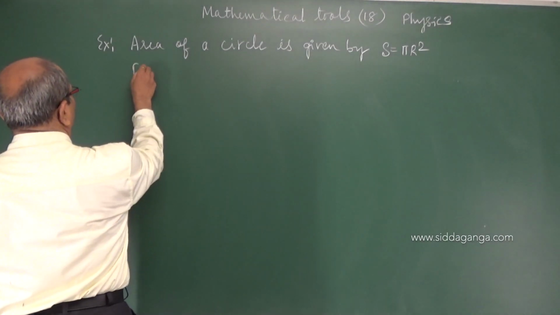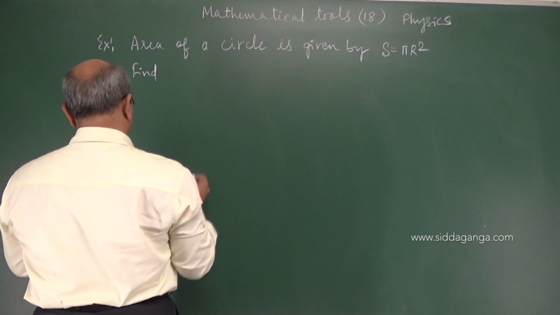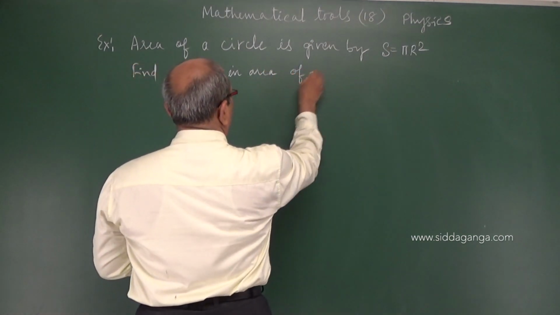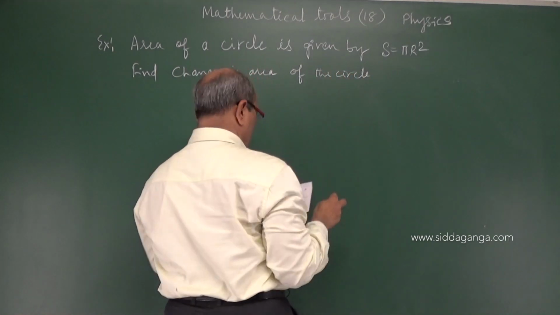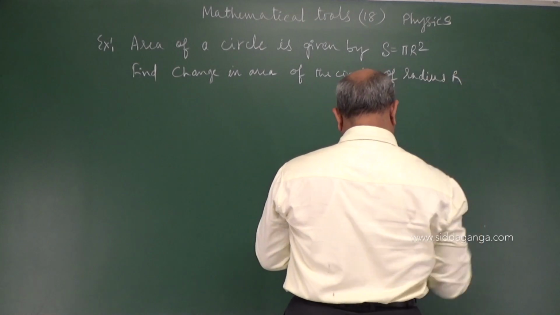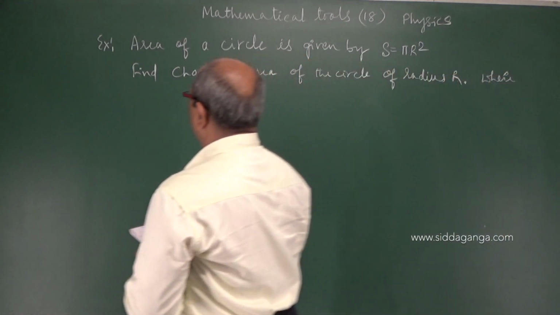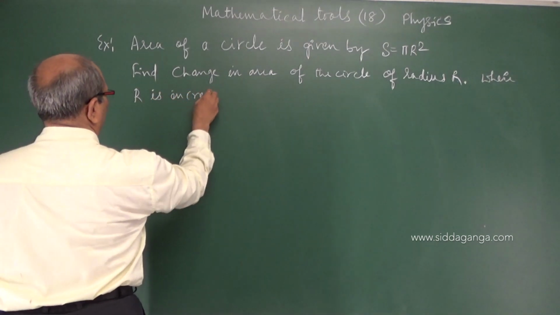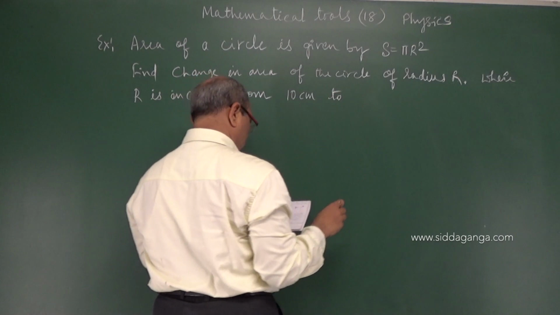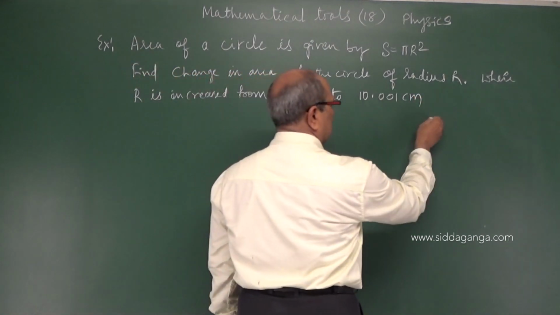Find the change in area of the circle of radius r, where r is increased from 10 centimeter to 10.001 centimeter. So you are given a circle of certain radius.